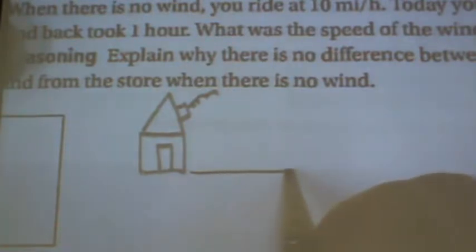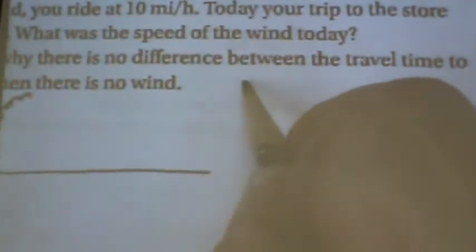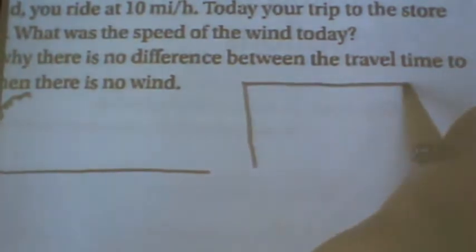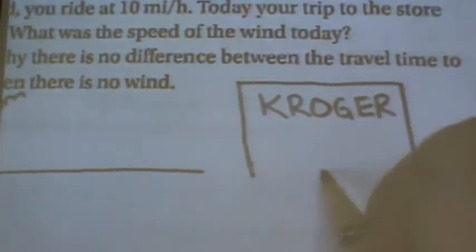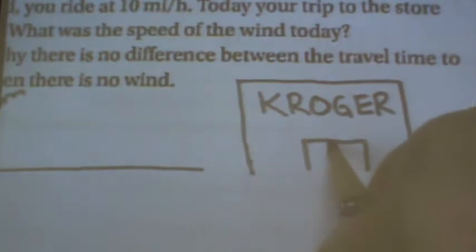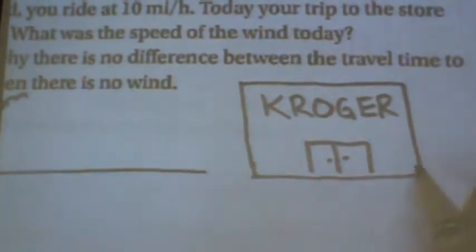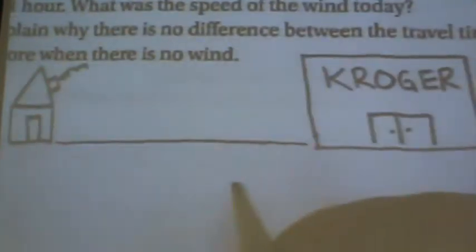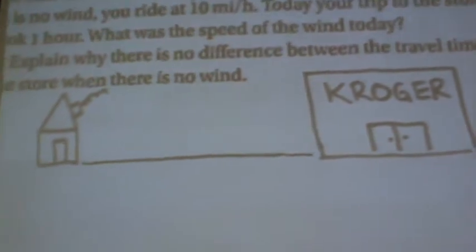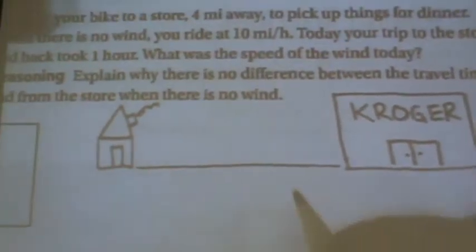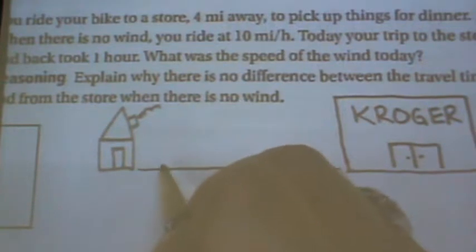It's a great house, like my house. There's your house, and that's a chimney. Where are we going? Going to Kroger. Like my picture? That looks just like Kroger, doesn't it? We're picking up a chicken. Live chickens.